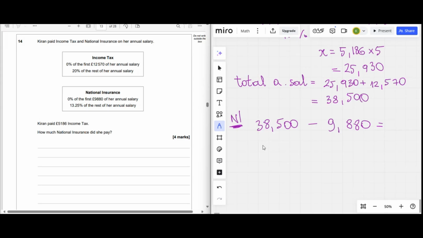We need to deduct that first, leaving 28,620. And now this amount times the percentage for national insurance, being 13.25%. Can you calculate this for me, please?